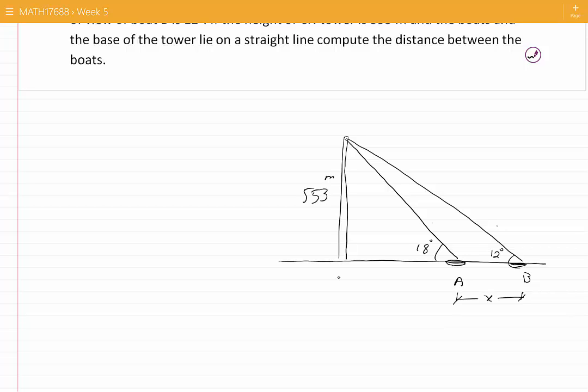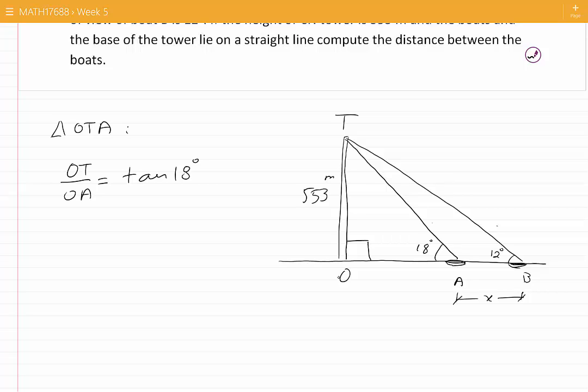Let's call the base of the tower O and the top of the tower T. We are assuming that the tower is perpendicular to the sea level. Therefore, the angle TOA is 90 degrees. Now, in the right angle triangle OTA, I can write OT divided by OA is equal to tangent of 18 degrees.